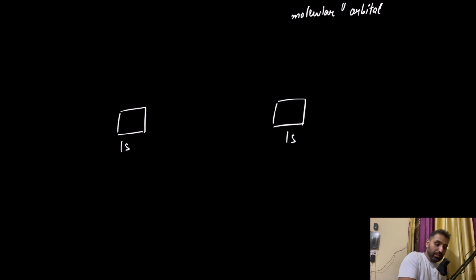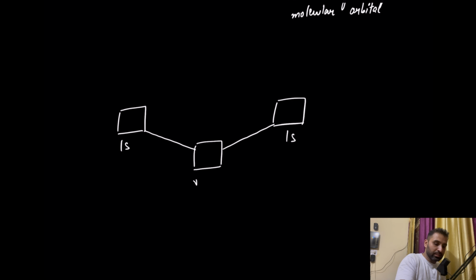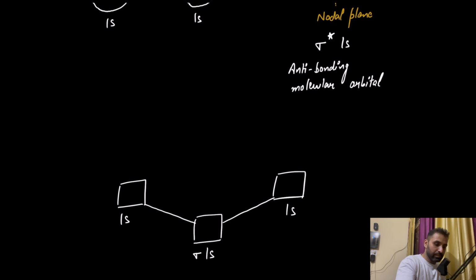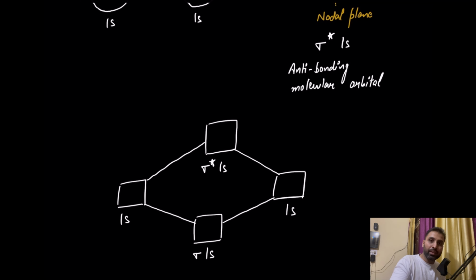So let's make it, that's sigma 1s, and that's sigma star 1s. And the energy of anti-bonding molecular orbital is always greater than the bonding molecular orbital.